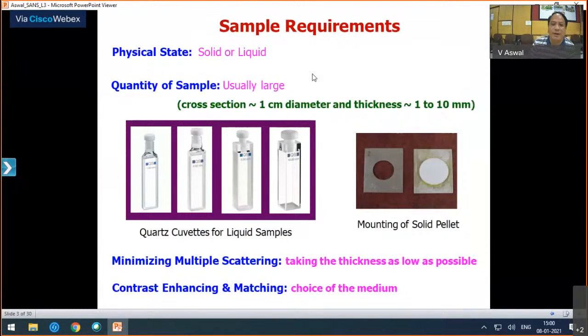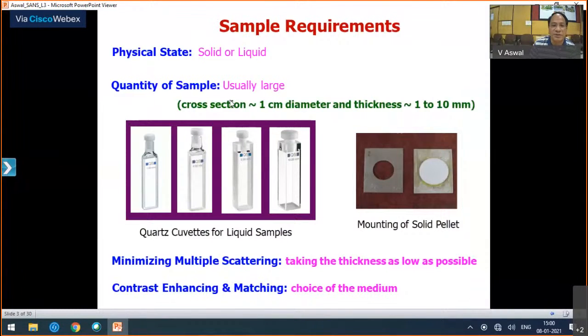When you do small angle neutron scattering experiments, there are some sample requirements. It's very important to know about them. One thing is that you can measure both solid and liquid samples. Unlike other techniques, even X-ray and microscopy techniques, the sample requirement in neutron scattering is large.